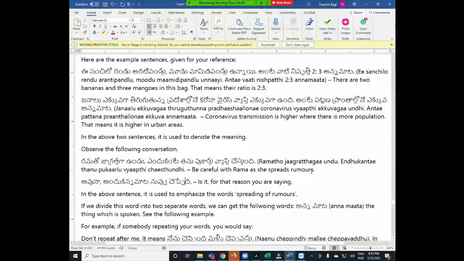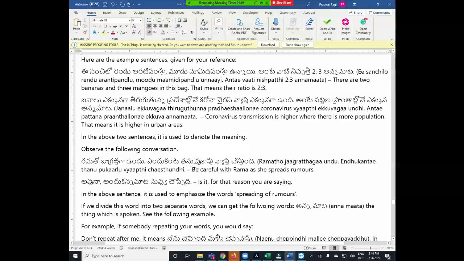As she spreads rumor. For some time we will just forget about this word as, then we will focus only on this one, then we will attach with that one. She spreads rumors means, she means ame.